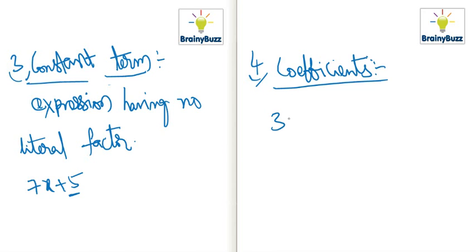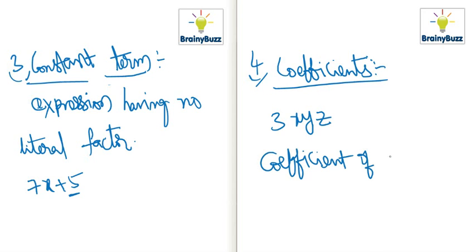That means in 3xyz, the coefficient of xyz is equal to 3 because this is the remaining part, and this is also called the numerical coefficient.